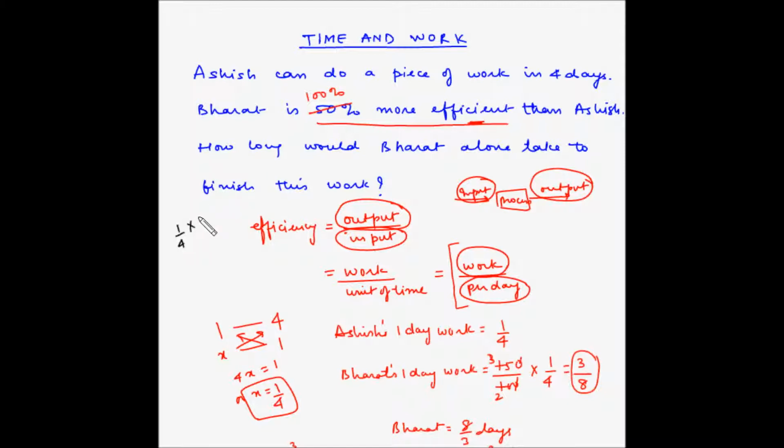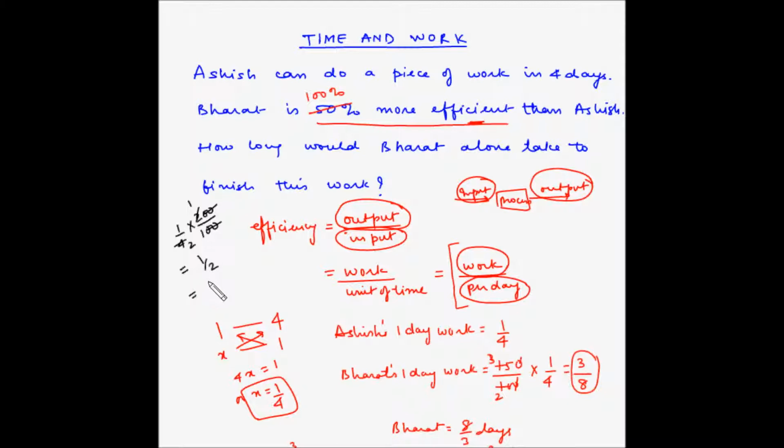So it is 200 divided by 100 times 1 by 4. The 2 zeros get cancelled. This is 1, this is 2. So Bharat's 1 day work is 1 by 2. Since we have to find how many days he'll take, we just reverse this.